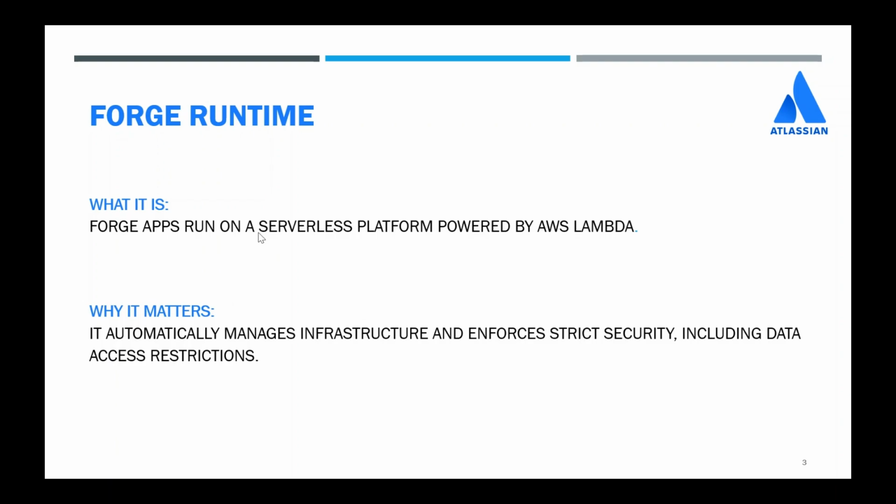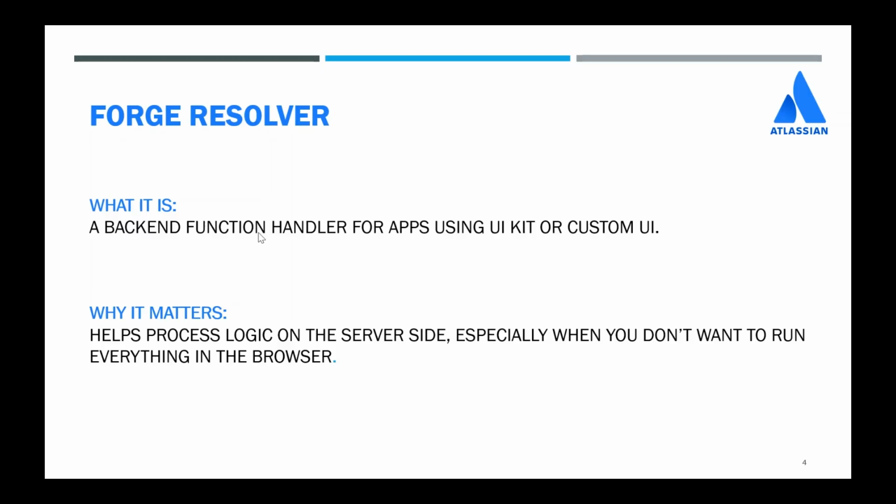So, what is Forge runtime? A Forge app runs on a serverless platform powered by AWS Lambda. Why it matters? It automatically manages infrastructure and enforces strict security, including data access restrictions. Next, Forge resolver. What is it? It is a backend function handler for apps using UI kit or custom UI.